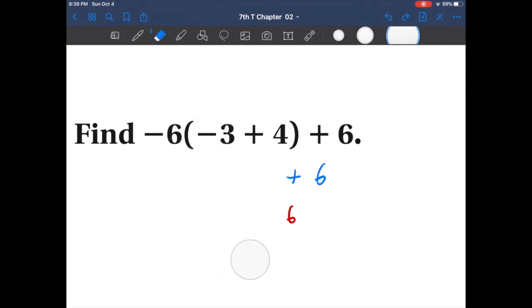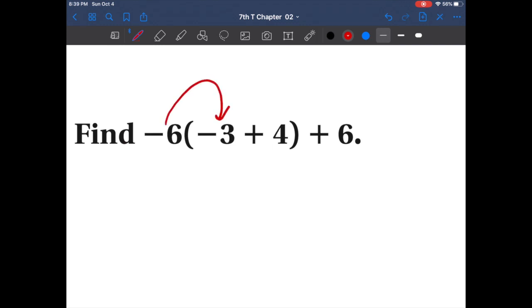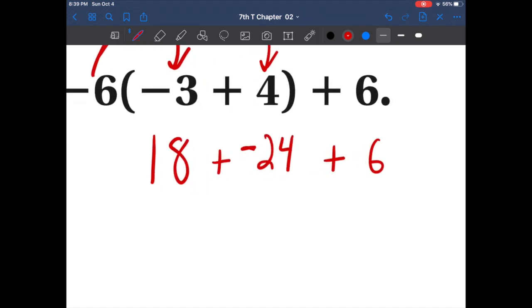Let's redo this, but this time we're just going to do some distributive property. So let's see, what is -6 times a -3? Well, that would give us a +18. And what's a -6 times a +4? Well, that gives us -24. And then we just have 6. So now let's just add together.